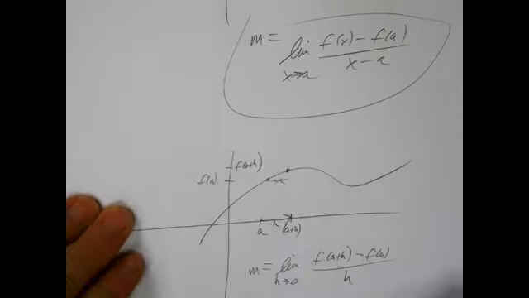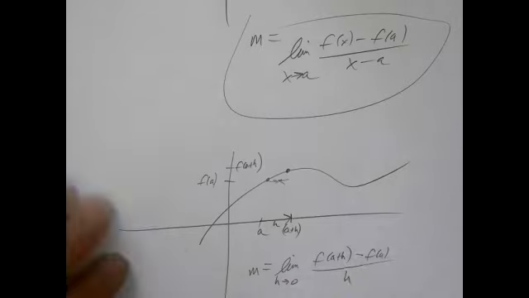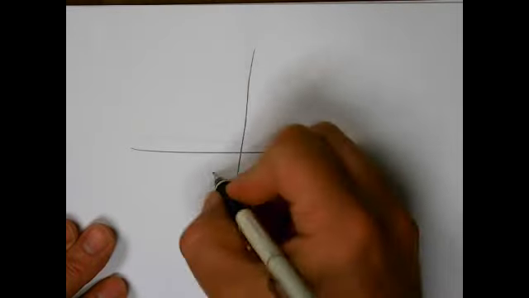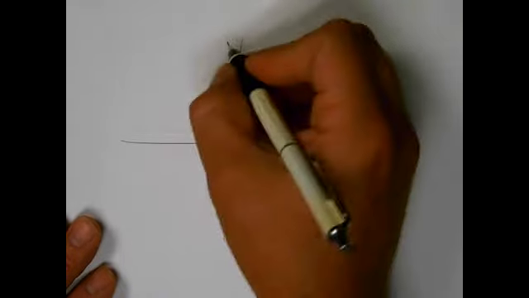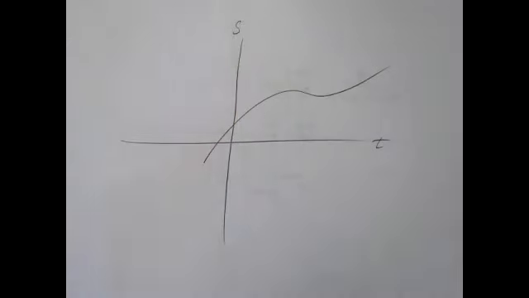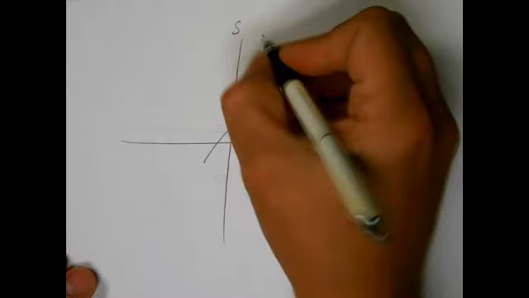Now, what is this good for besides drawing a line that touches the curve in one place only? Well, if you had a graph that illustrated time on your x-axis, and on your y-axis they're going to use the letter S quite commonly to denote position.